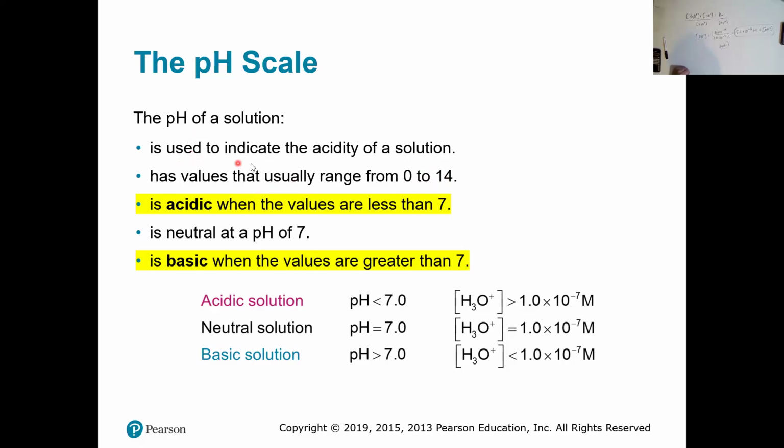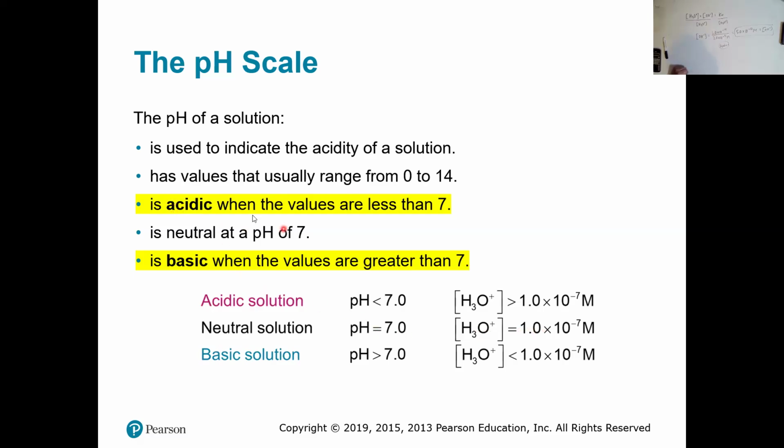The pH scale is used to indicate how acidic something is. The number 7 is going to be the midpoint of our pH scale. Anything that has a pH of 7 is going to be considered neutral. And when something has a pH of 7, its hydrogen ion concentration and its hydroxide ion concentration will both be 1 times 10 to the negative 7.